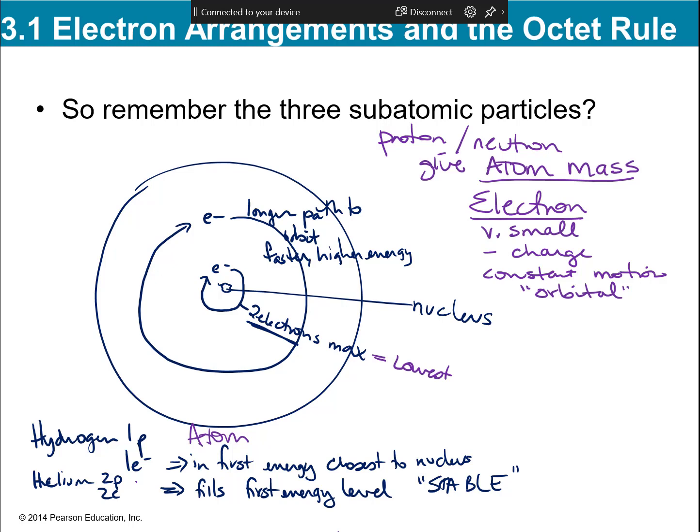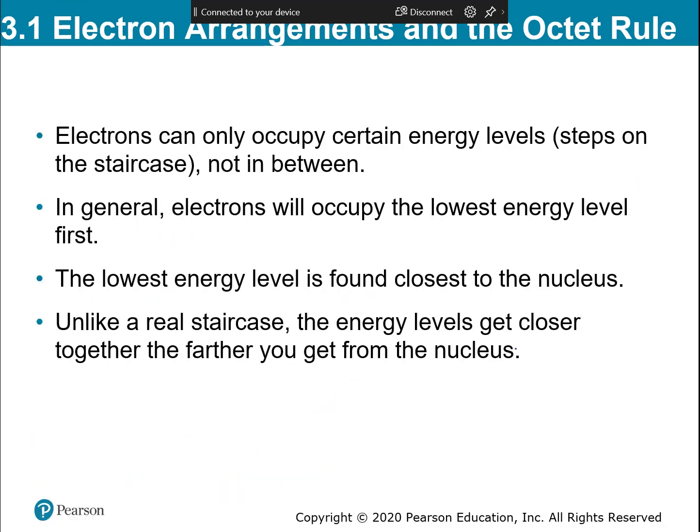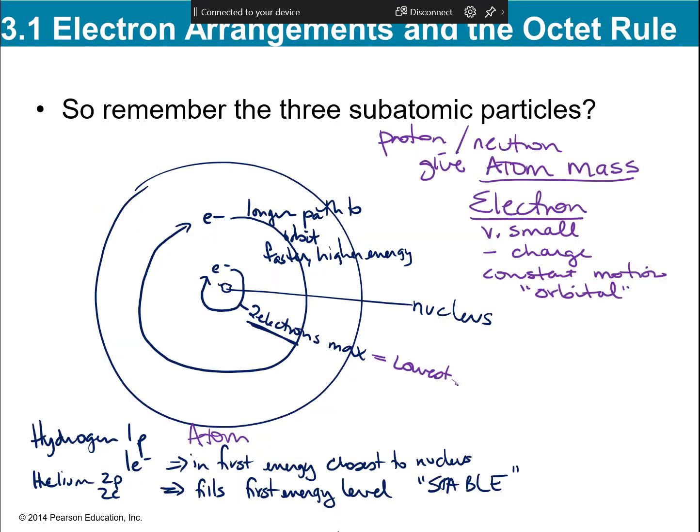And the lower energy levels are really the ones closest to the nucleus. So here, this is the lowest energy level because it's closest to the nucleus. Whereas the electron that I've got drawn further out has higher energy. It's further from the nucleus.